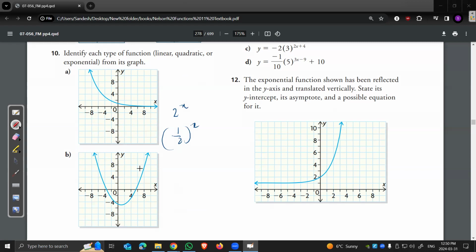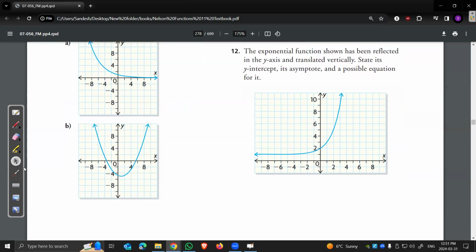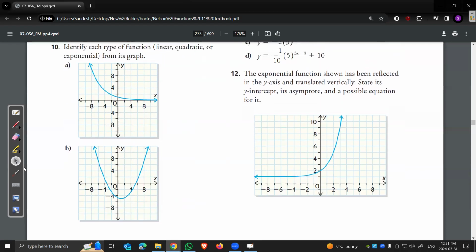If the y values go down as the x values increase, like over here, the y values are going down. This is called an exponential decay, in which the b value is less than 1. So it's going to be some decimal b value. Is b a linear, quadratic, or an exponential? Quadratic. Is the a value positive or negative?